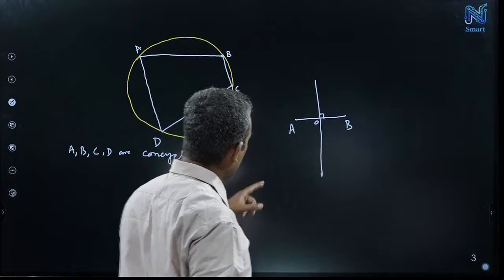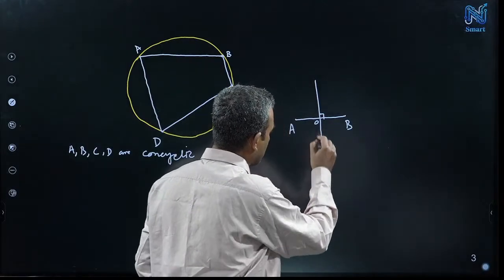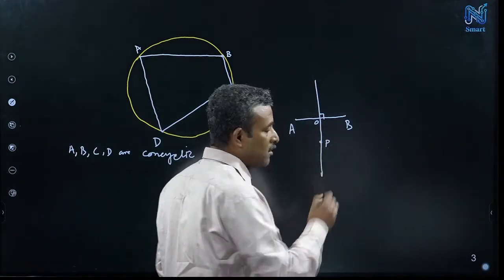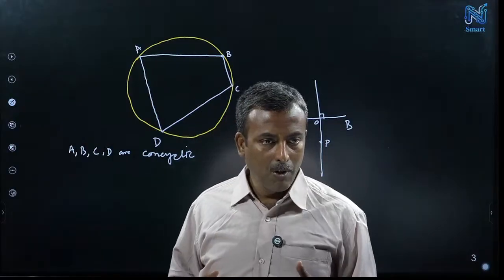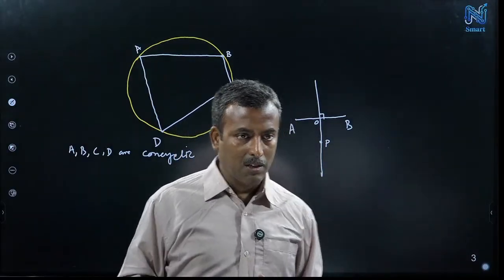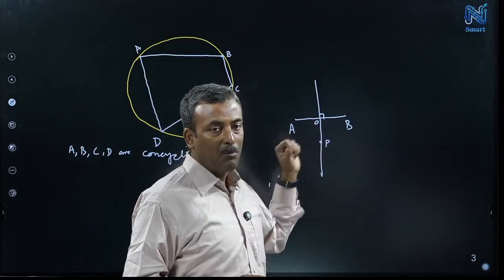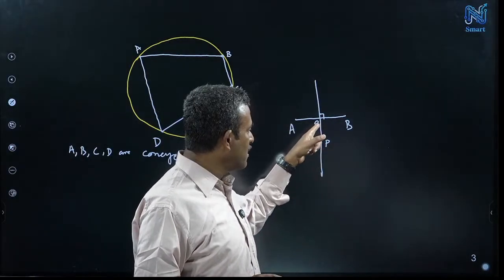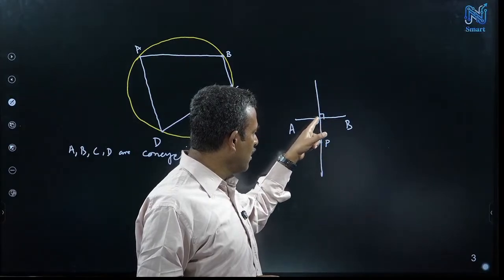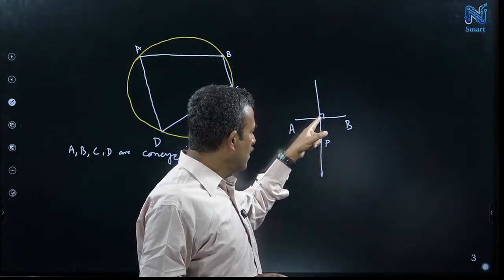Now the interesting thing is, you can take another point also as a center. You can take this point also as a center. Any point on the perpendicular bisector is equidistant from A and B, right. Since it is a perpendicular bisector, this is 90 degrees, this is a common side, this is a midpoint.